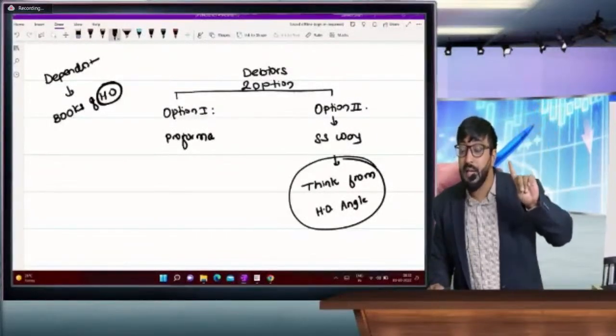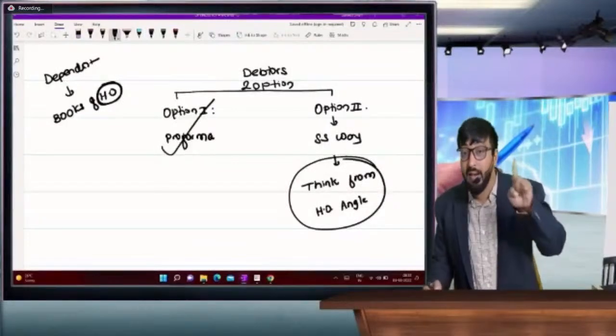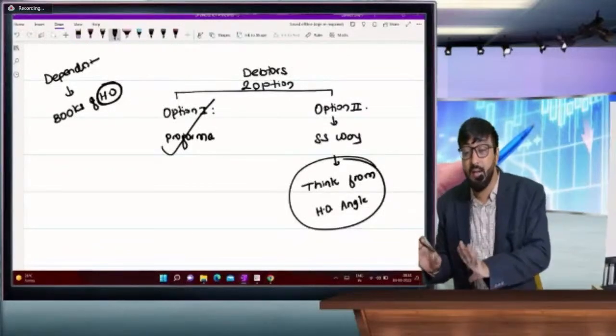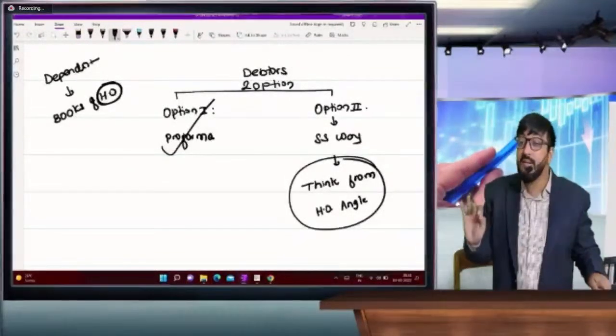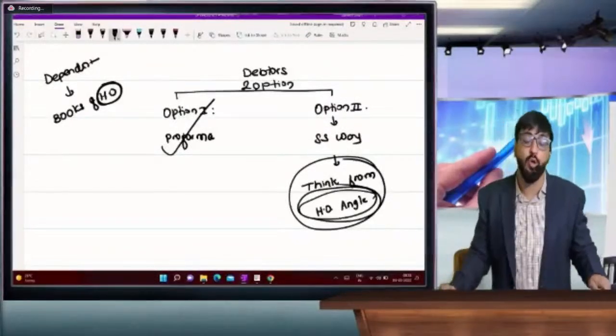But Sanket sir is telling you, don't by heart the pro forma. Either by heart the pro forma or think like Sanket sir. What he thinks: if it is the debtors method, think from HO's point of view.